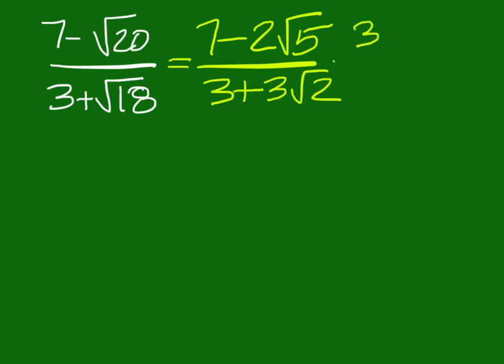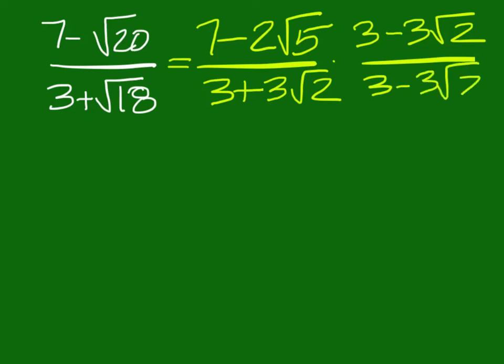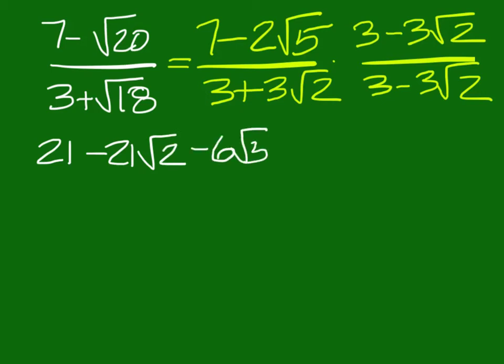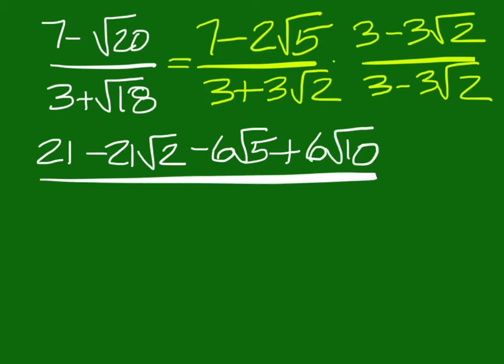You would multiply the top and the bottom by 3 minus 3 square root of 2. And then go back and multiply across the top. If you do that, you get 21 minus 21 square root of 2, and then minus 6 square root of 5 plus 6 square root of 10.